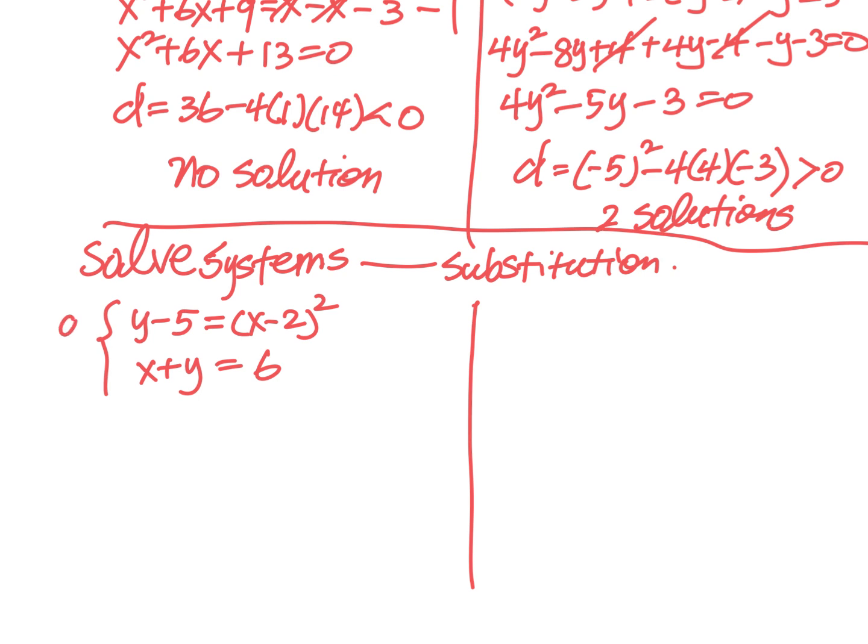Let's also do 2 questions. B, y equal to x squared plus 2x plus 7, y minus 7 equal to x.